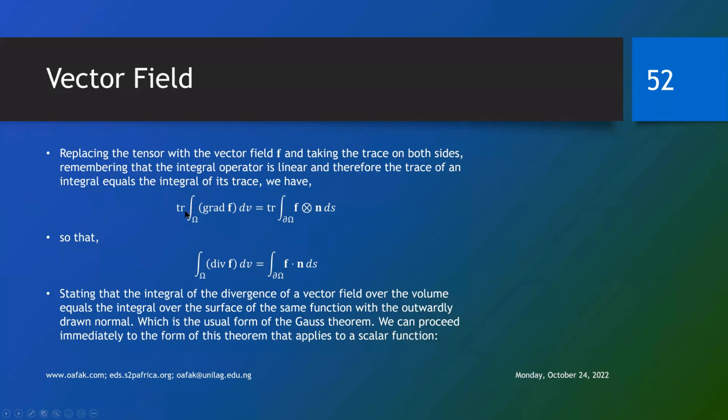So when you replace xi with a vector and take the trace of the equation, what you have is that the integral of the divergence of F dV is equal to the integral of F dot n dS, stating that the integral of the divergence of a vector field over the volume equals the integral over the surface of the same function with the outwardly drawn normal n, which is the usual form of the Gauss theorem.